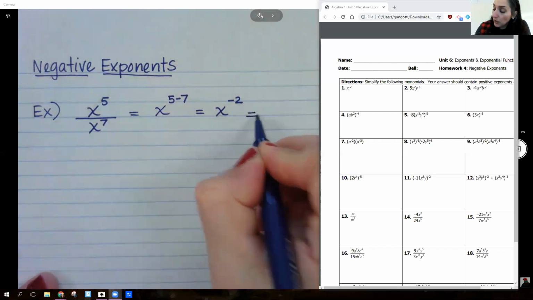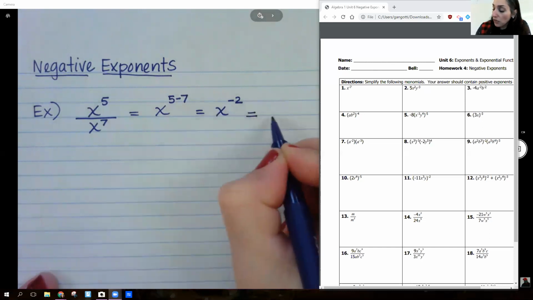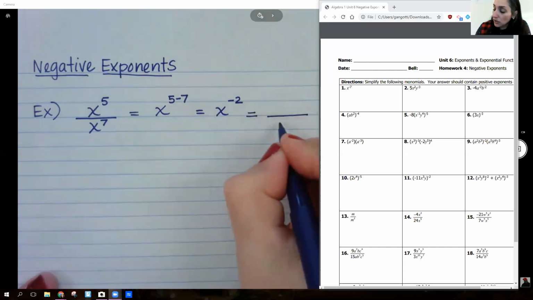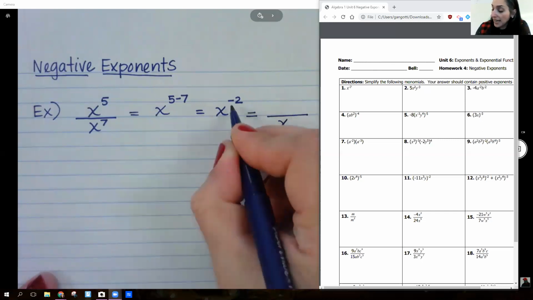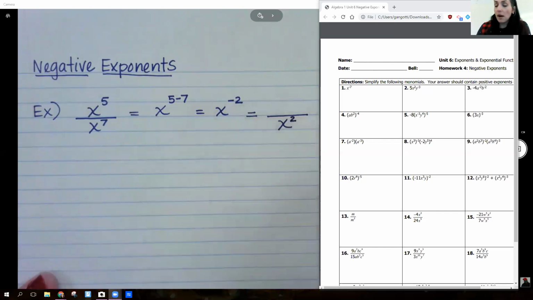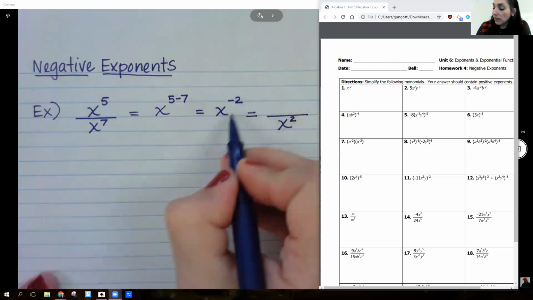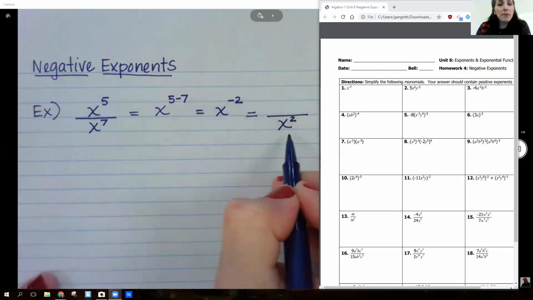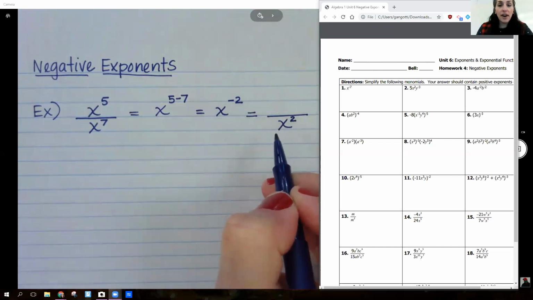To get rid of the negative, you are going to move this whole thing down into the denominator of a fraction. And then the negative is going to get thrown away, and it's going to become a positive. You can think of it like it went to the opposite position, down into the bottom of a fraction.